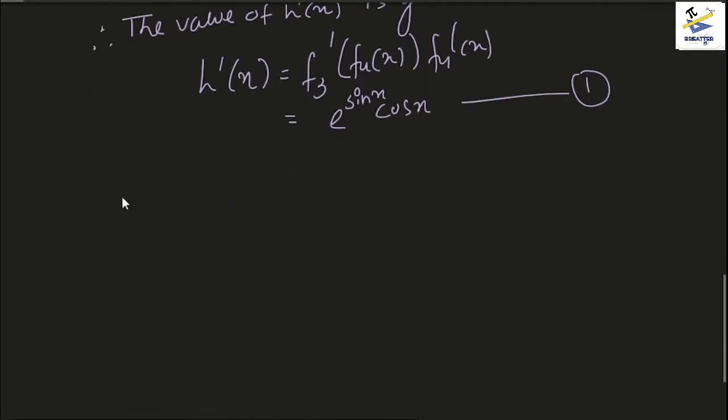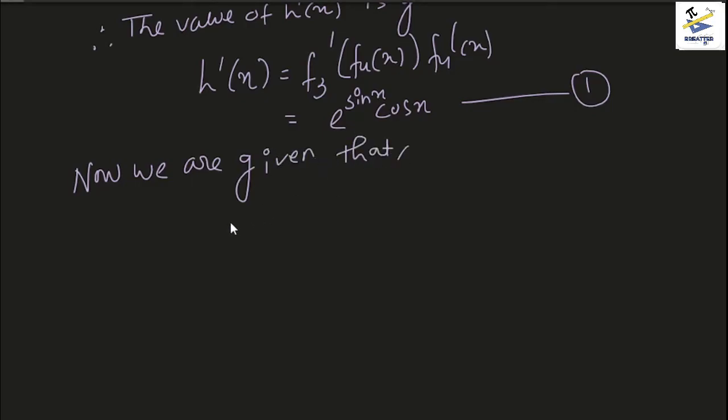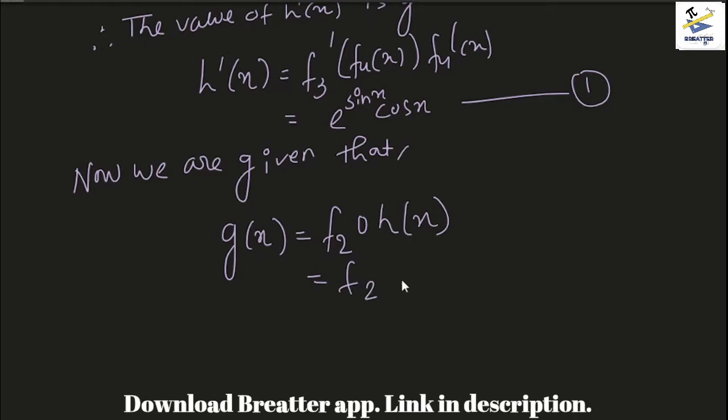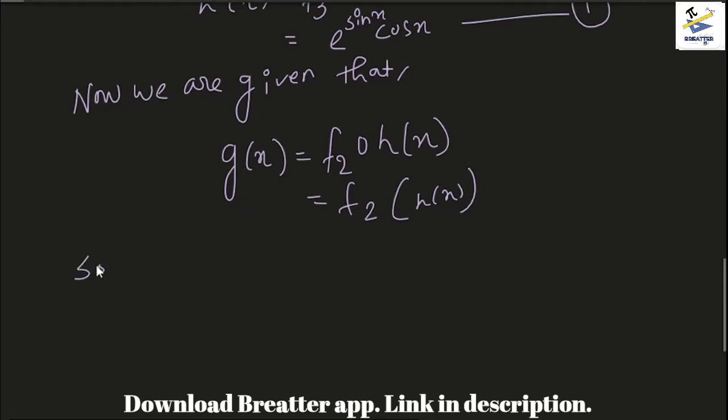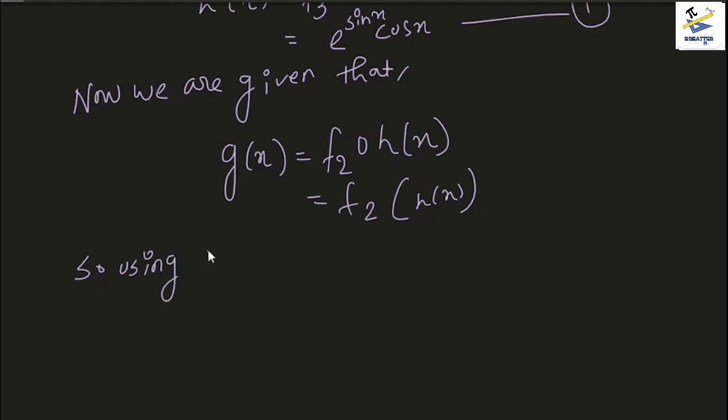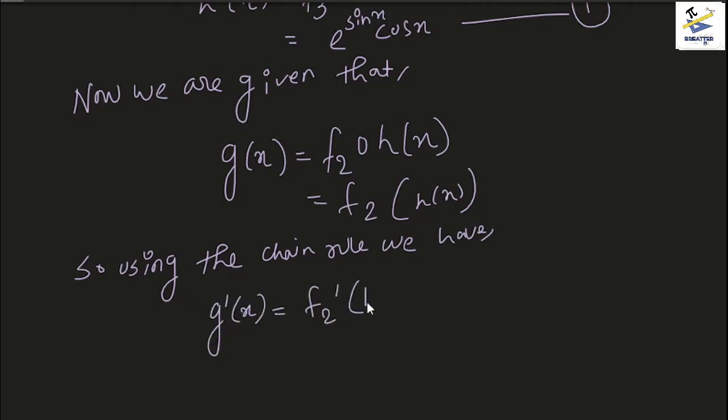So now we are given that g of x is equal to f2 of h of x, right, which is basically f2 of h of x. So using the chain rule we have g prime of x equals f2 prime of h of x multiplied by h prime of x, right?